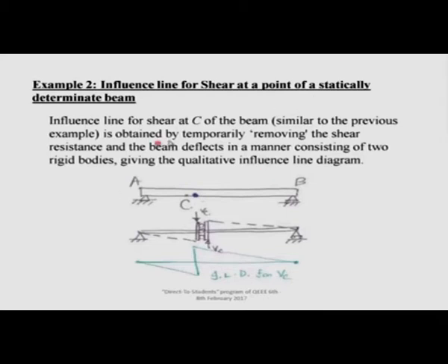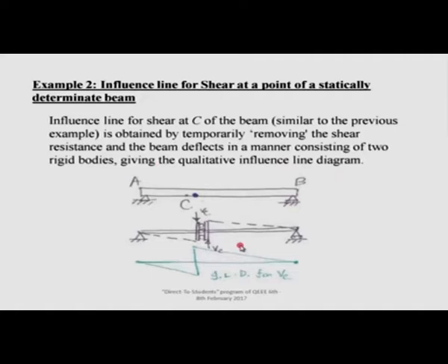So, the influence line for the shear at C of the beam, similar to the previous example, is obtained by temporarily removing the shear resistance, and the beam deflects in a manner consisting of two rigid bodies, giving the qualitative influence line diagram. Now, here there is a catch.